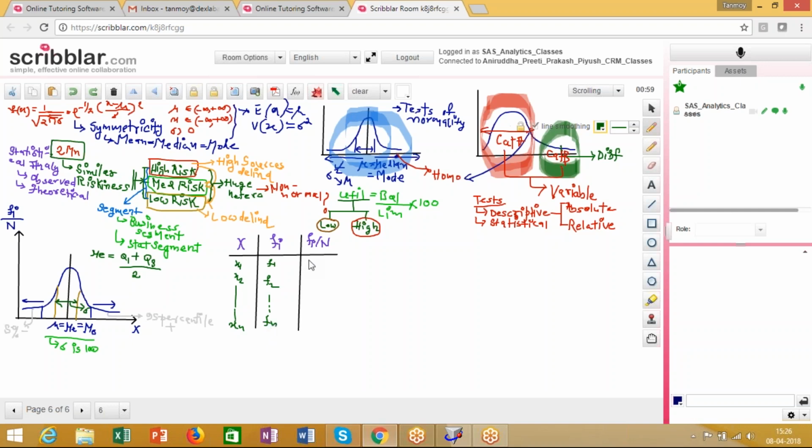The relative frequency distribution is f1 by n, f2 by n, up to fn by n, where n is nothing but the sum of all the frequencies.